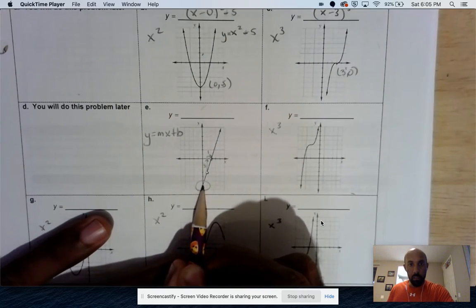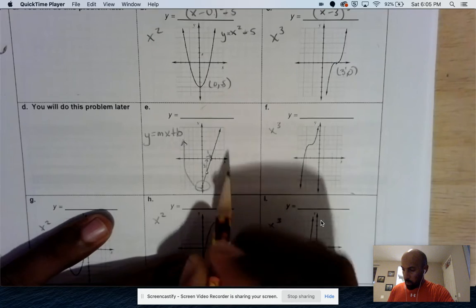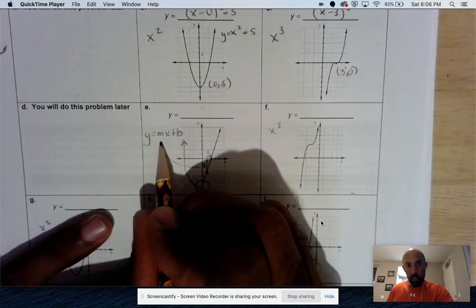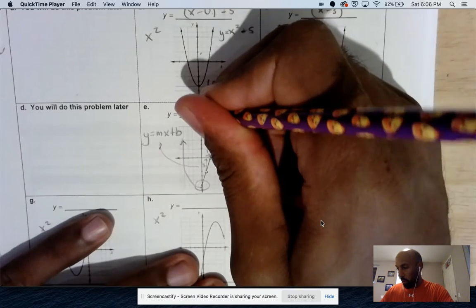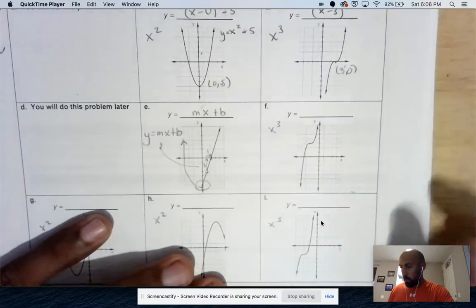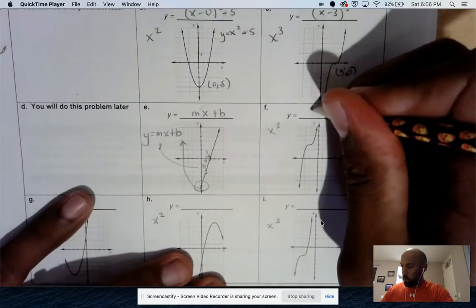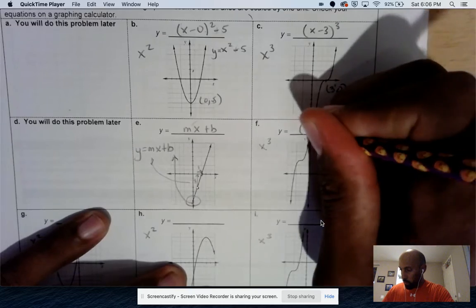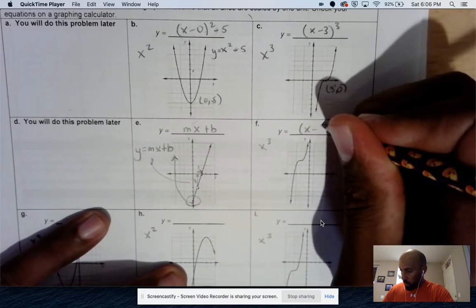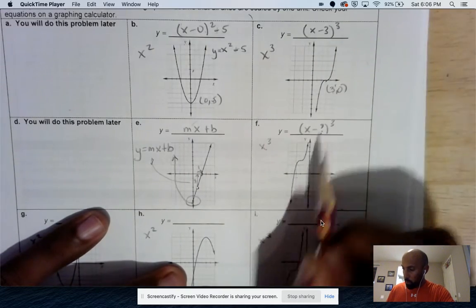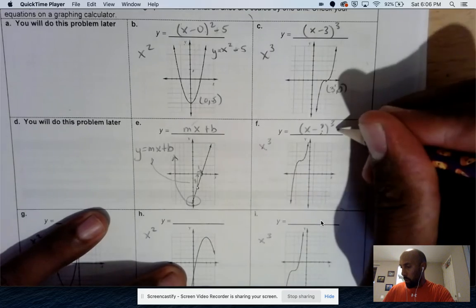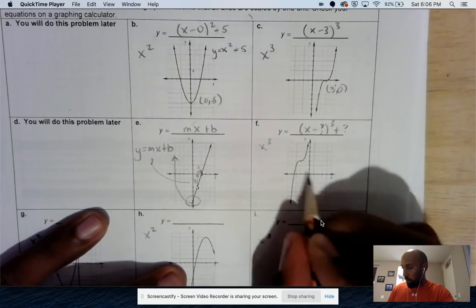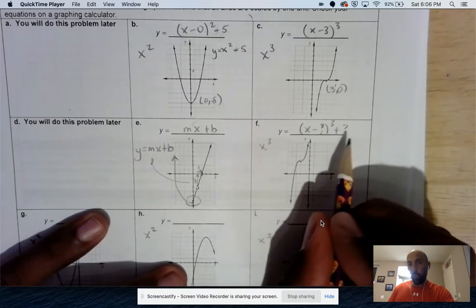Figure out what that y-intercept is, plug that into your b, figure out your rise over your run, and plug that into m, and then you should be able to figure out your equation. Now this one is similar to that one up there. It's a cubic. So figure out that h value from the locator point right there, then plus your k value, which will be that same value from that point right there.